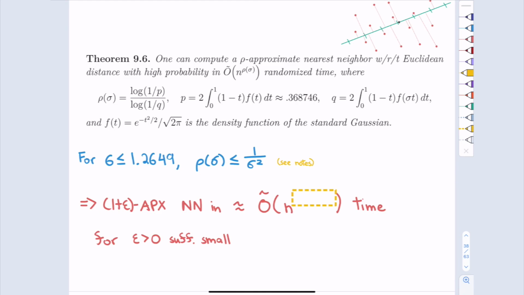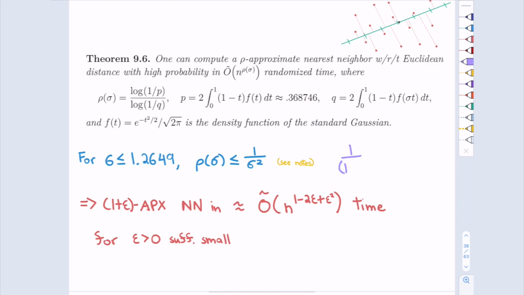If you want to phrase sigma as 1 plus epsilon, where epsilon is small, and it has to be smaller than 0.2649, then the bound you get is something like 1 minus 2 epsilon plus epsilon squared.